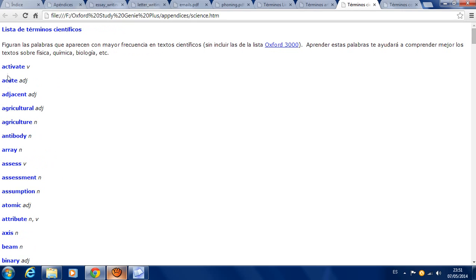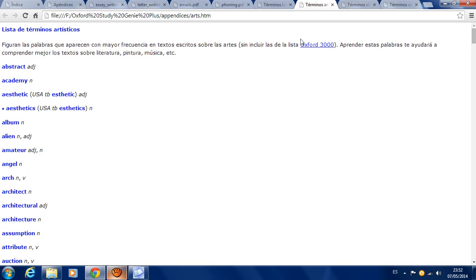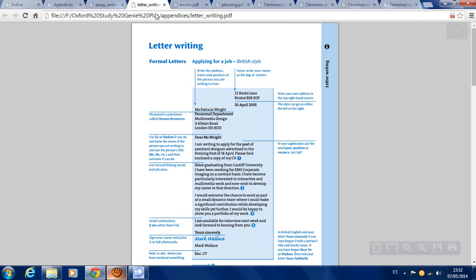How about scientific terms: activate, acute, adjacent, agriculture, antibody, array, assess, assessment, assumption, atomic, attribute, axis, the coffee axis, the coffee triangle, angle, arc, architect, architectural, architecture, assumption. Well, here you have a lot of things. Telephoning and electronic messaging, writing emails, faxes and memos, letter writing.